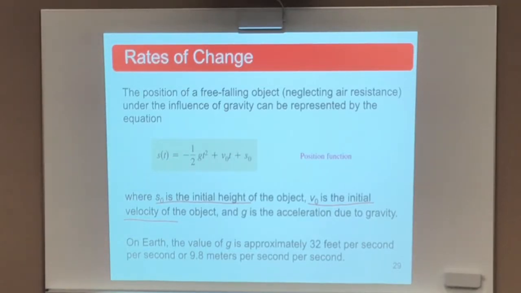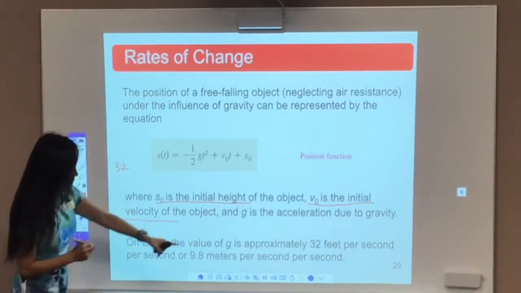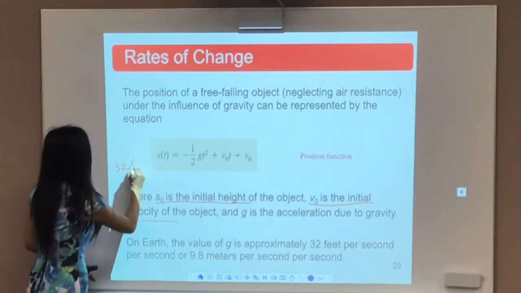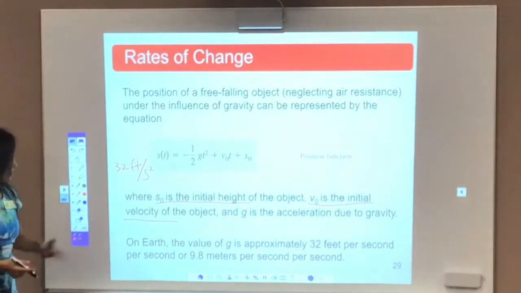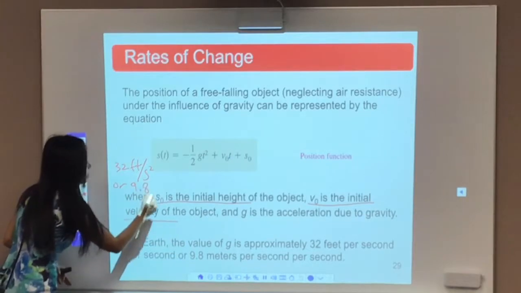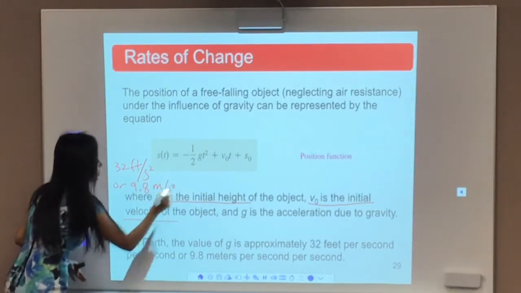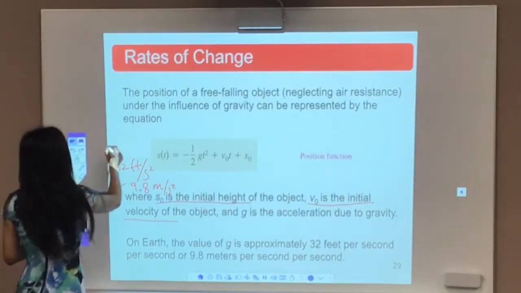All right, on Earth, the value of g is approximately what? 32 feet per second squared, or 9.8 meters per second squared. You can write it down like that. So that's always true for gravity.